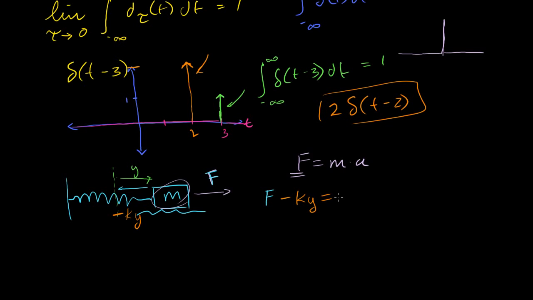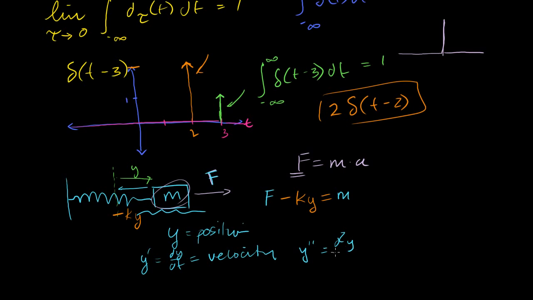And that's equal to the mass of our object times its acceleration. Now, what's its acceleration? If y is equal to position, then if we take the derivative of y with respect to t, y prime, which we could also say dy/dt, it's going to be its velocity. And then if we take the derivative of that, y prime prime, which is equal to d squared y with respect to dt squared, this is equal to acceleration.